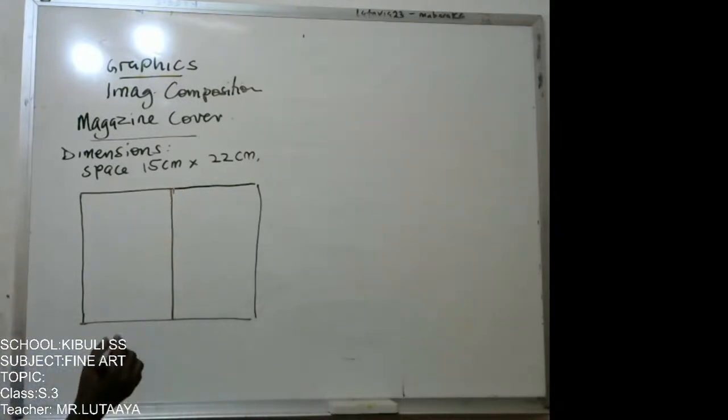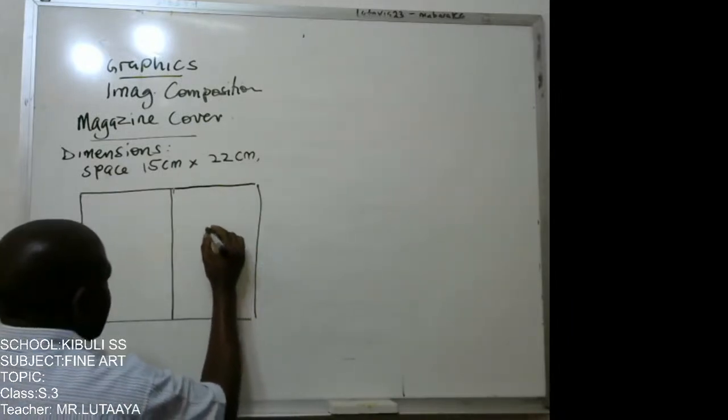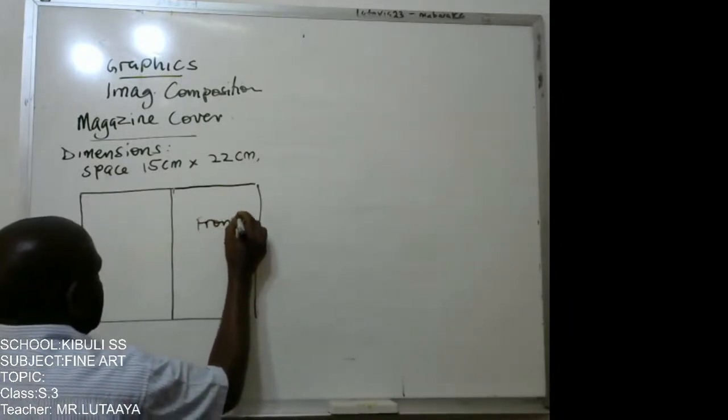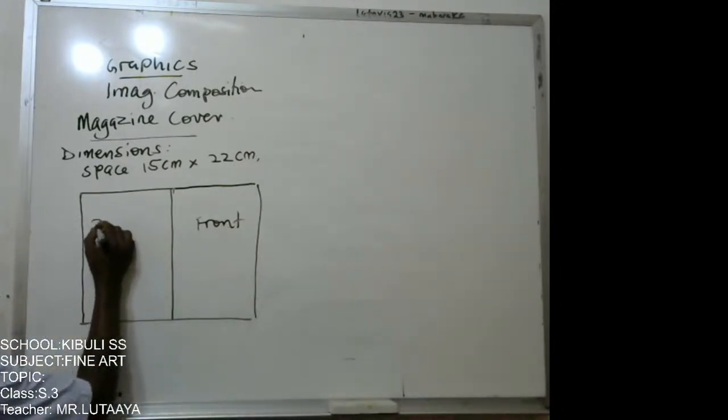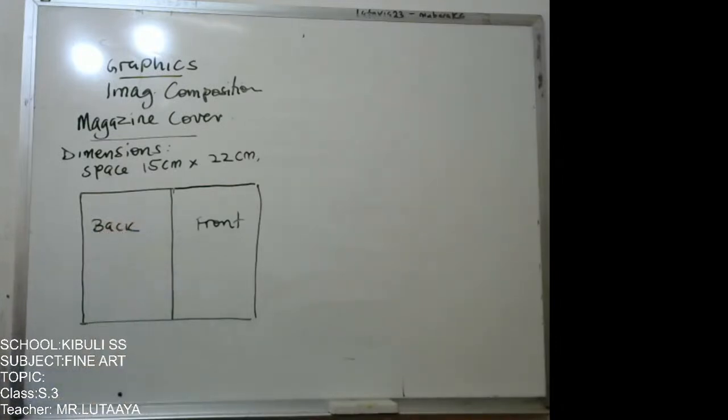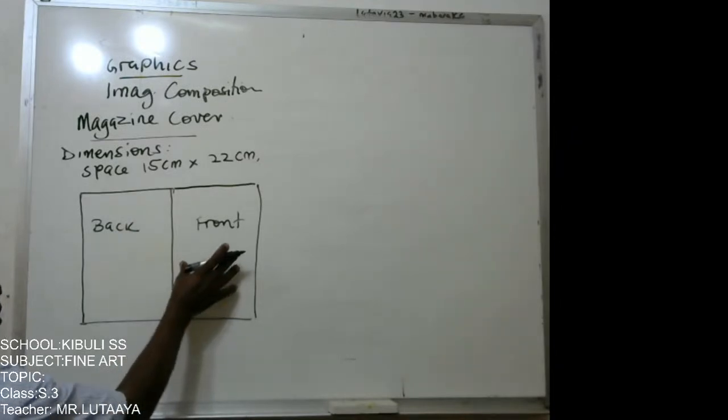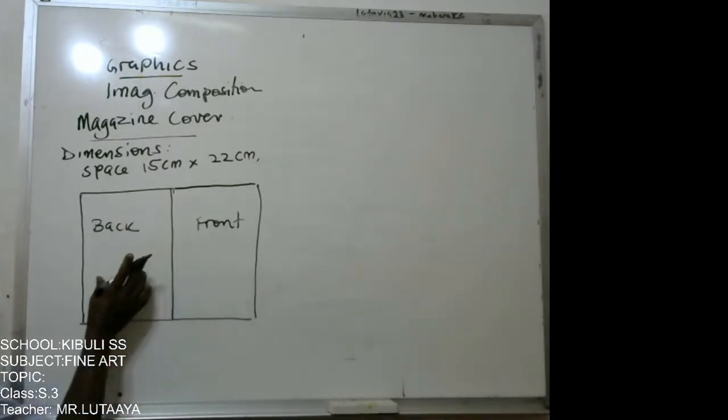What is important when you are looking at a magazine? Like when you're looking at a book cover, the right hand side is always the front side, and on your left is the back side. So as a learner, you must know the information to be placed on the front and the information to be placed on the back.